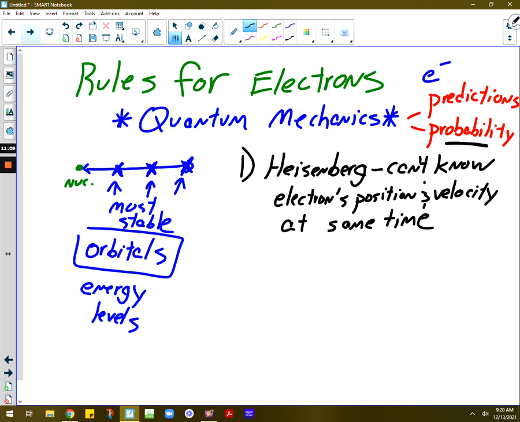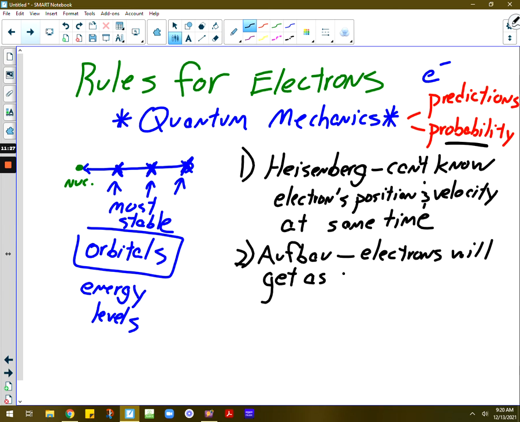A guy named Aufbau came along with the Aufbau principle. And he says that electrons will get as close to a nucleus as they can, because that's where they're the most stable.